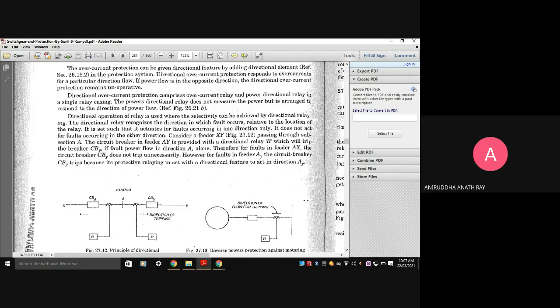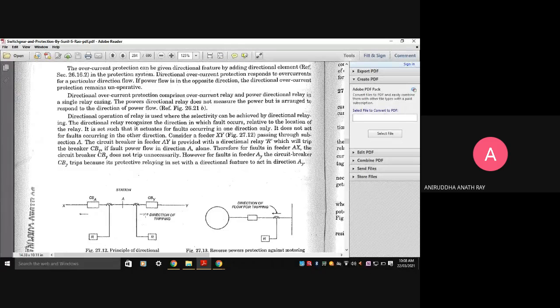Now consider the feeder XY, as shown in the diagram. As you can see, this feeder passes through substation A. The circuit breaker in feeder AY, that is CBY, is provided with the directional relay R, which will trip the circuit breaker CBY if the fault power flow is in direction A only.